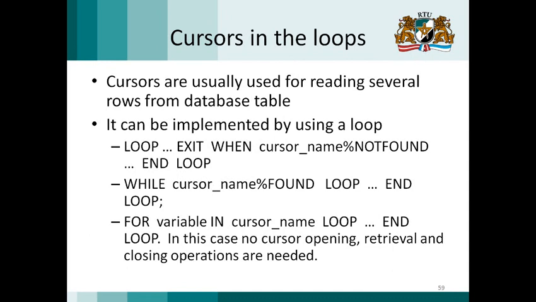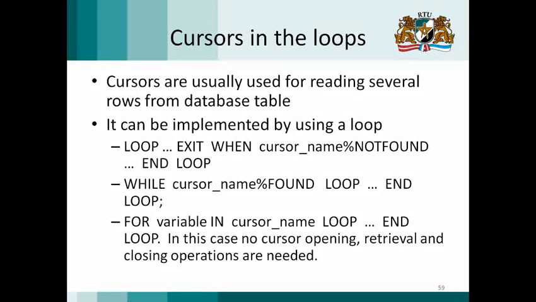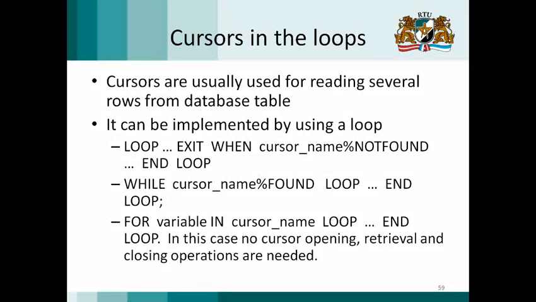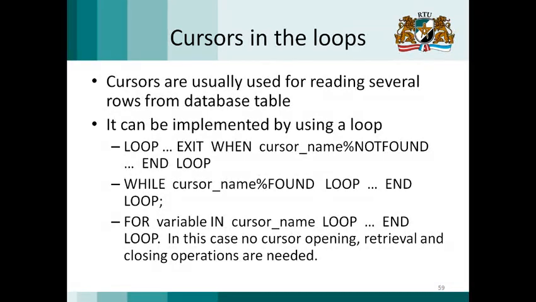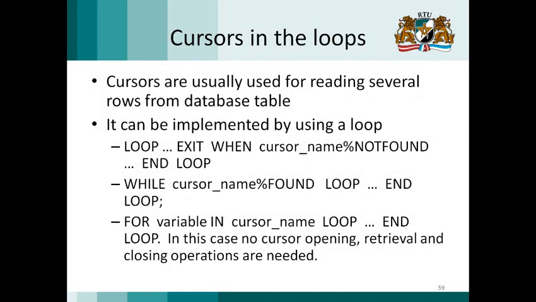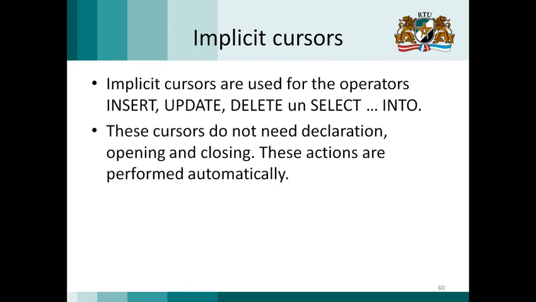We also do not have to define this variable. The type of this variable will be defined automatically. So this might be one of the easiest ways to perform cursor processing. An example of this cursor for loop can also be found in the materials if you have interest to look into it closer.